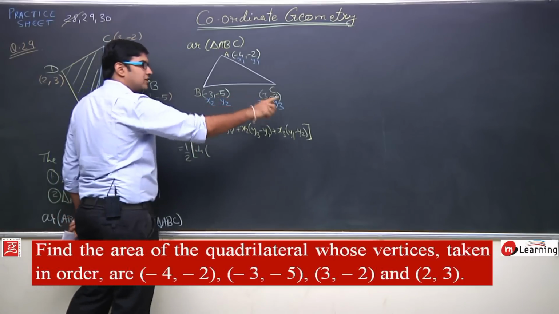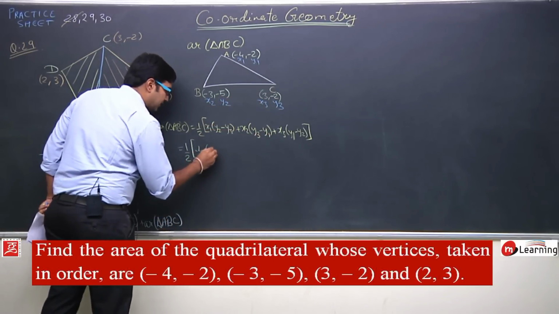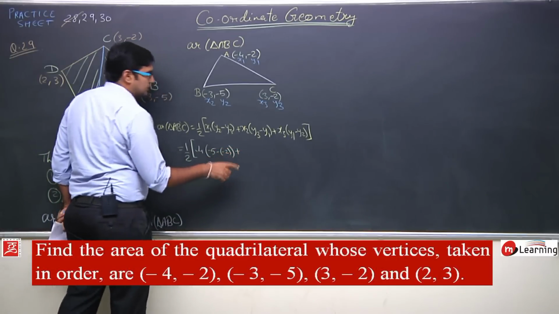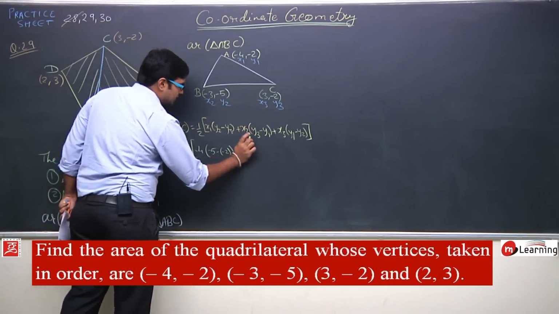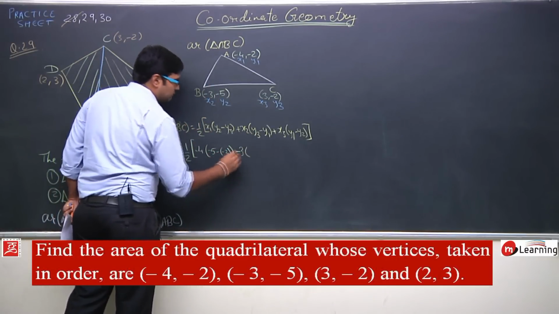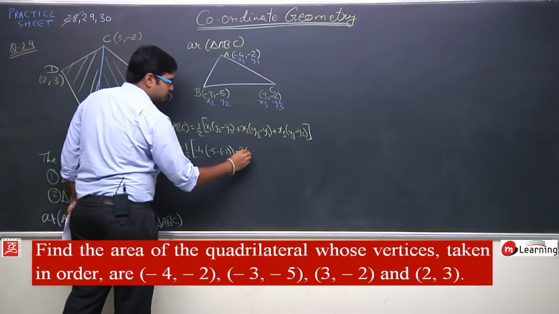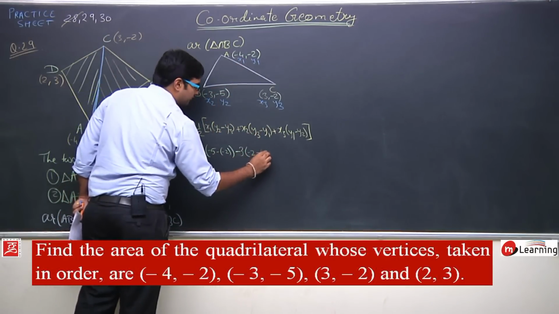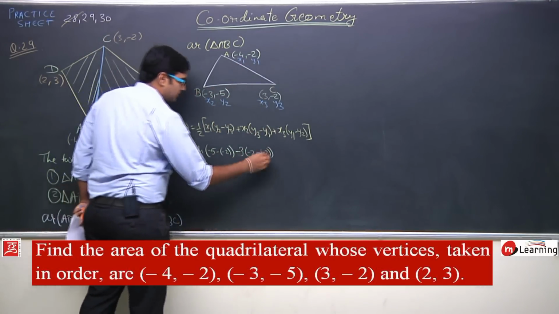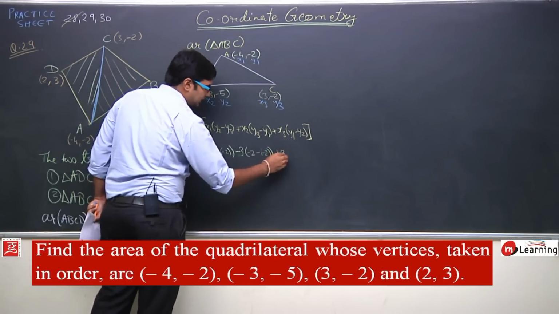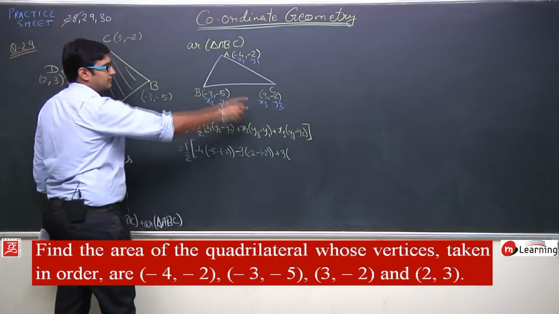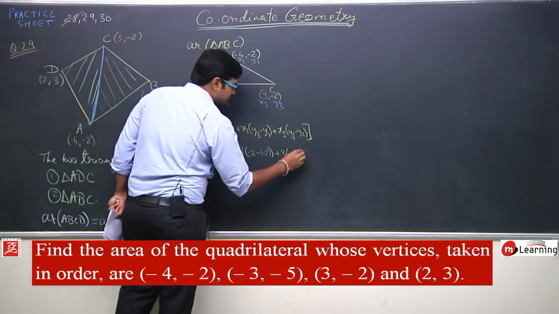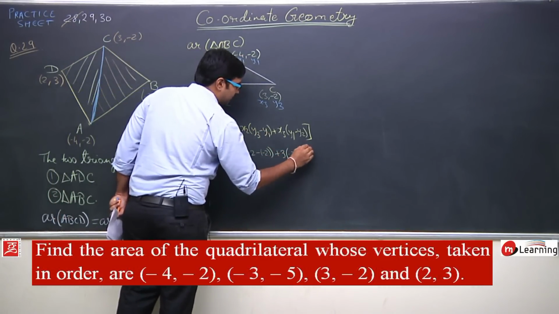So minus 5 minus of minus 2, plus x2 is minus 3, so I can directly write minus 3, in the bracket y3 is minus 2 and minus y1 is minus of minus 2, bracket close, plus x3 is 3, in the bracket y1 is minus 2 and y2 is minus 5, so minus of minus 5, and bracket close.